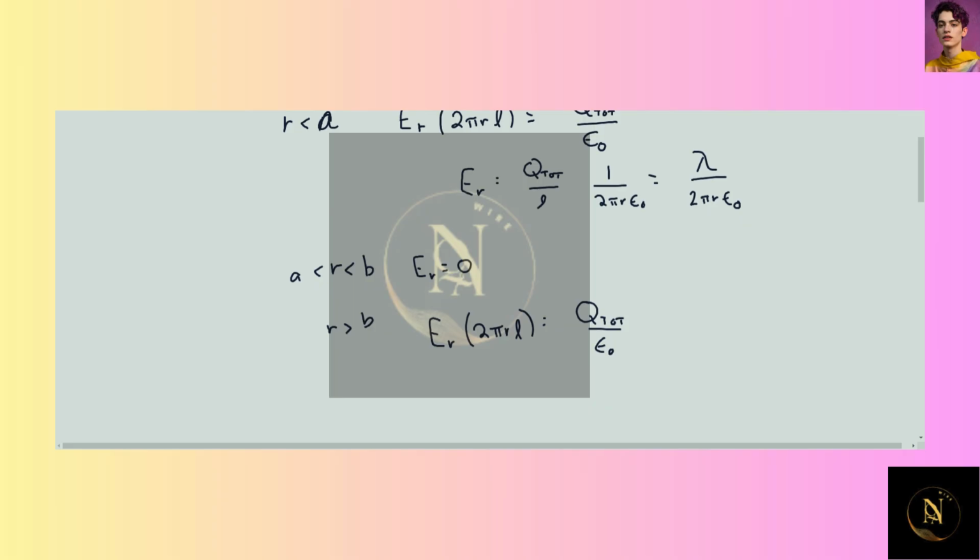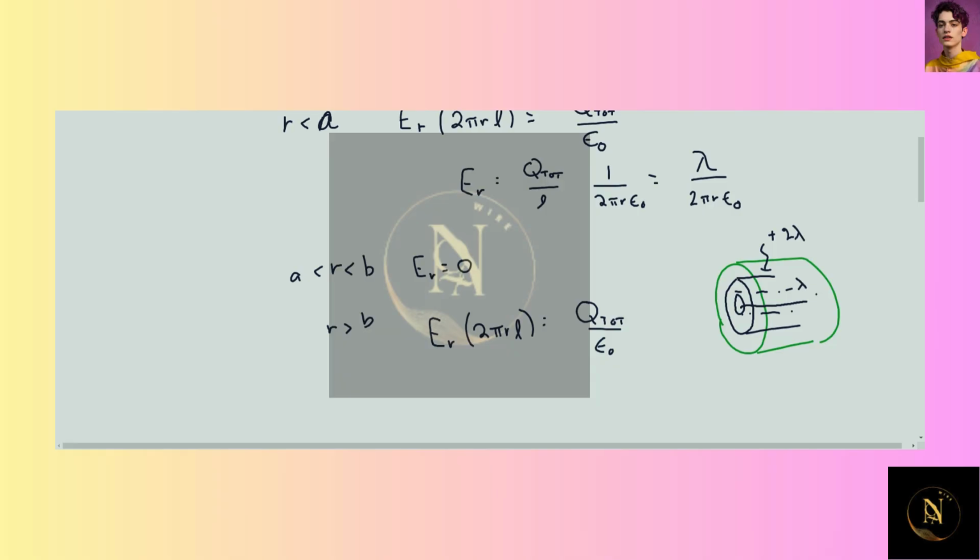Okay, so if we think about that, here is our cylinder outside. And on the outer walls of the tube, we have plus 2 lambda. On the inner wall, we have minus lambda.